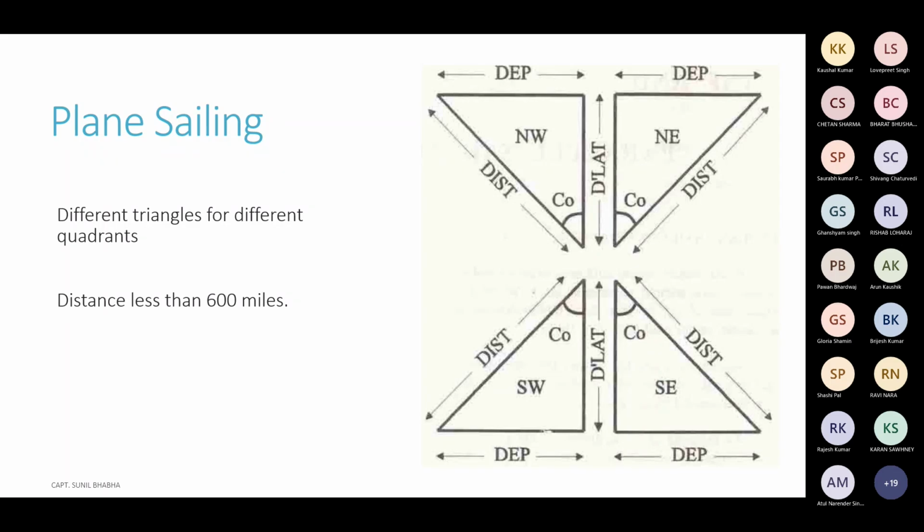So for our normal passage planning, when the distances involved are much lesser than 600 miles, we can easily use plane sailing to calculate the courses and distances. However, when you are going on transocean passages and the distances exceed this amount, plane sailing should not be used.